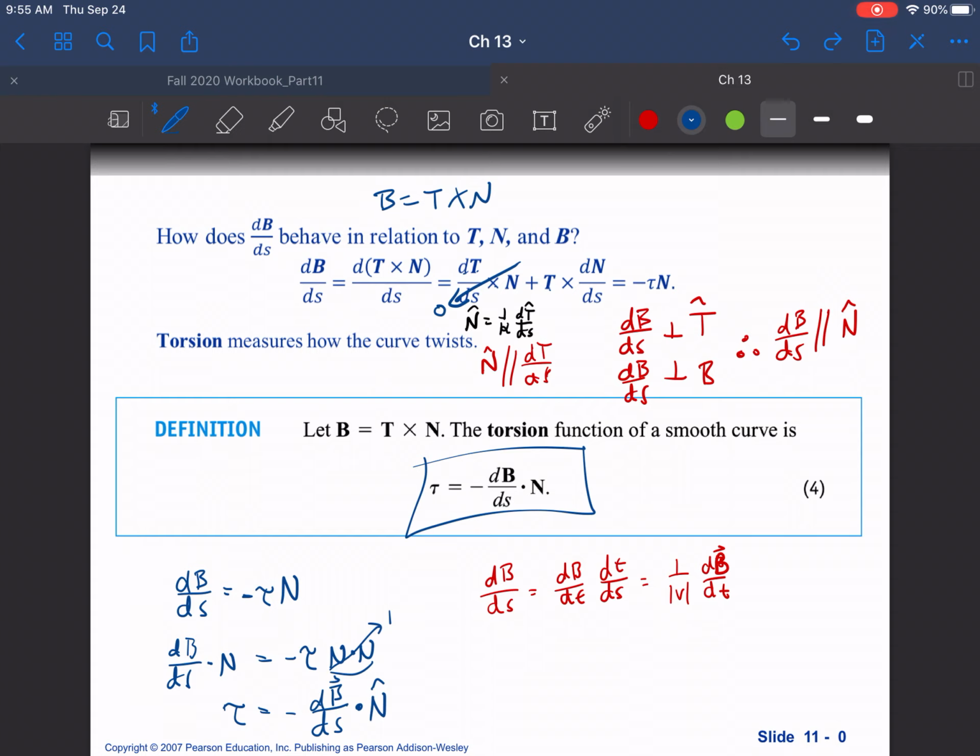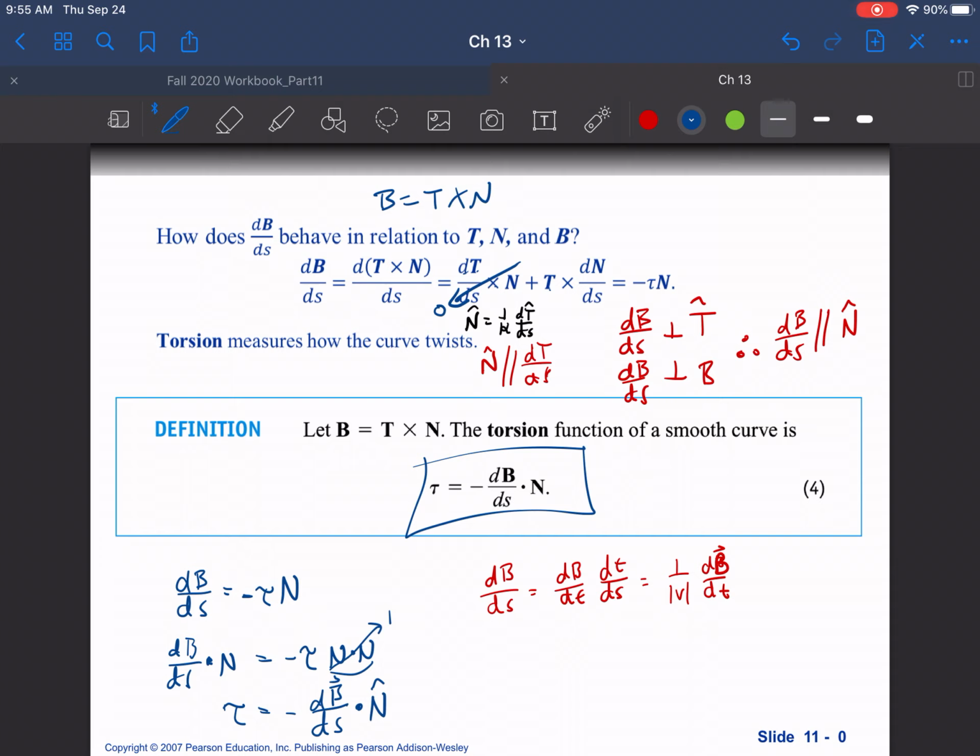From that, we can come down here and say dB/ds is then just some scaled version of the normal vector, and the convention is to throw that negative sign on there. It doesn't technically have to be there, but it's convention. If you then dot both sides with that unit normal, what you get on the right-hand side is N dot N, that's just 1, since it's a unit vector dotted with itself.